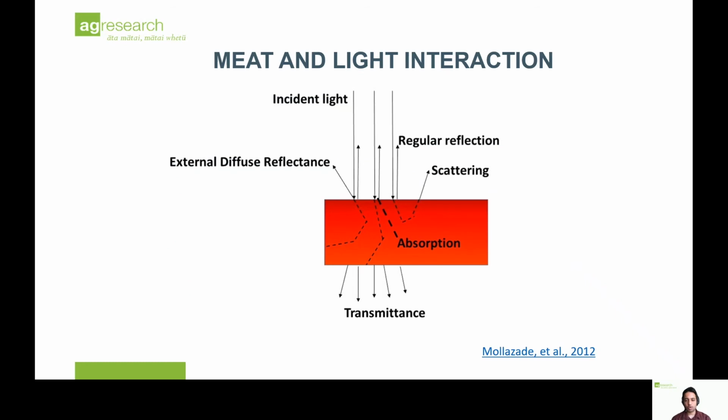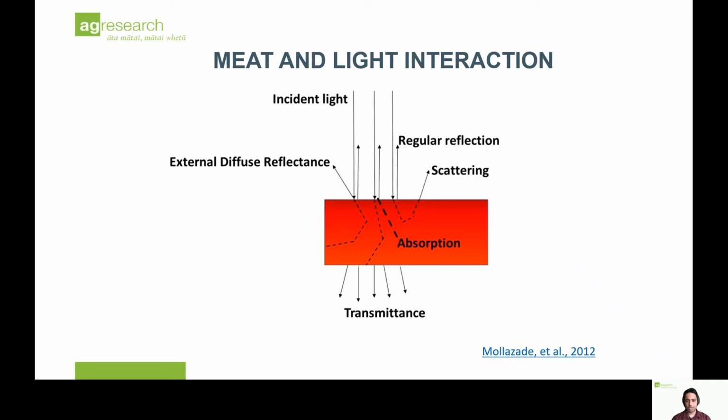When light is incident onto the meat, there are a few different phenomena which take place. A regular reflection, commonly referred to as specular reflection or mirror-like reflection, where there's little or no interaction with the sample. Then there's external diffuse reflectance, where there is interaction with the sample surface and which is important to us.